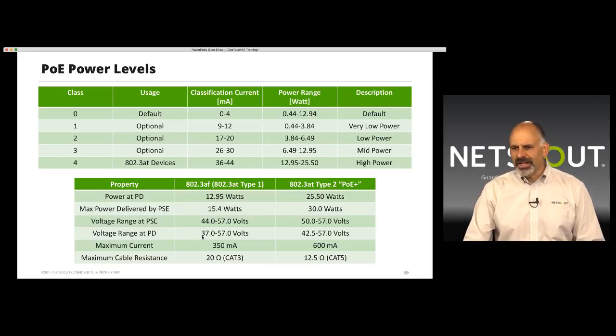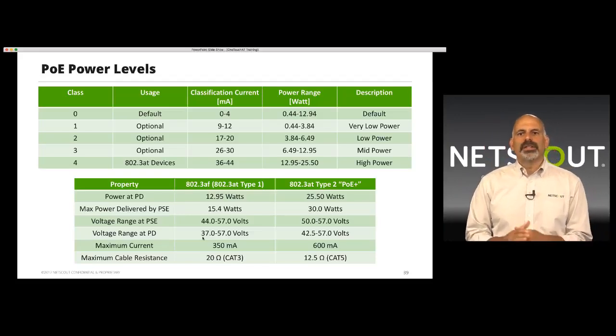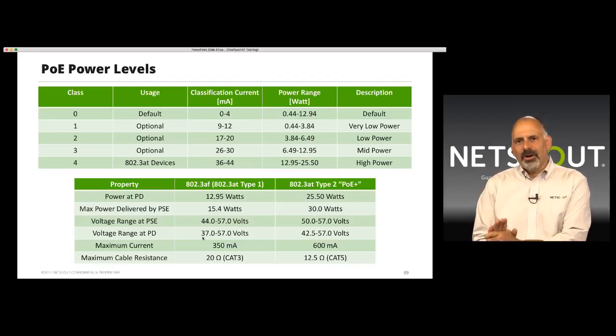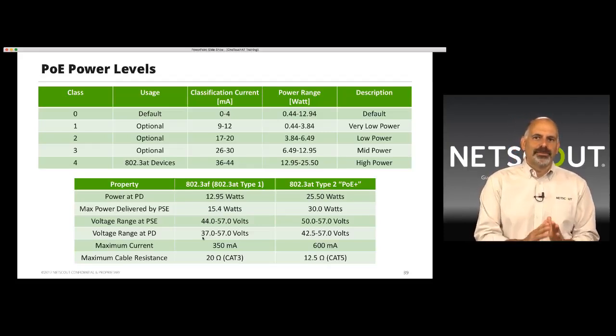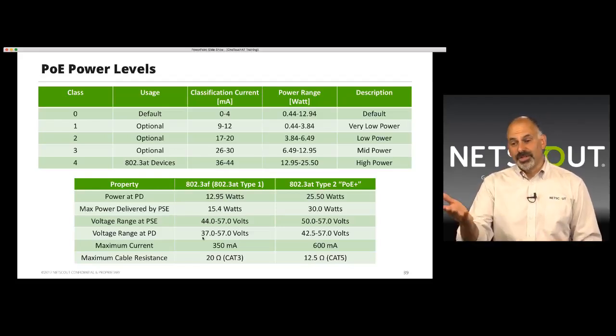What this is telling us is that if our voltage falls below 37 volts, we fail. What the OneTouch will do is attempt to find the maximum amount of current that we can draw and still get a sufficient voltage.